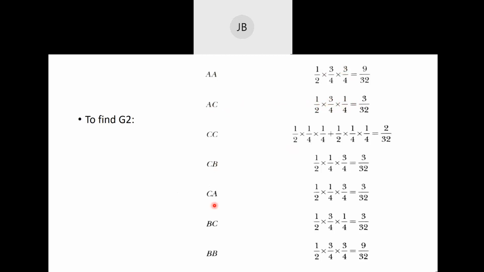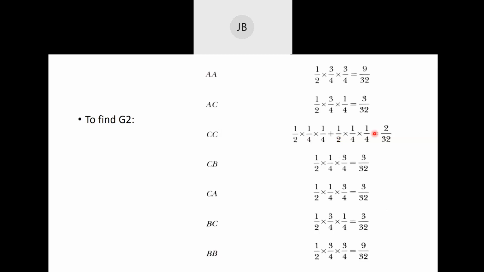Similarly, all these symbols we can write from the tree diagram. For CC, there are two parts because both state 1 as well as state 2 can generate the symbol C, right? It is given in the tree diagram as well as in the given figure, you can notice easily.